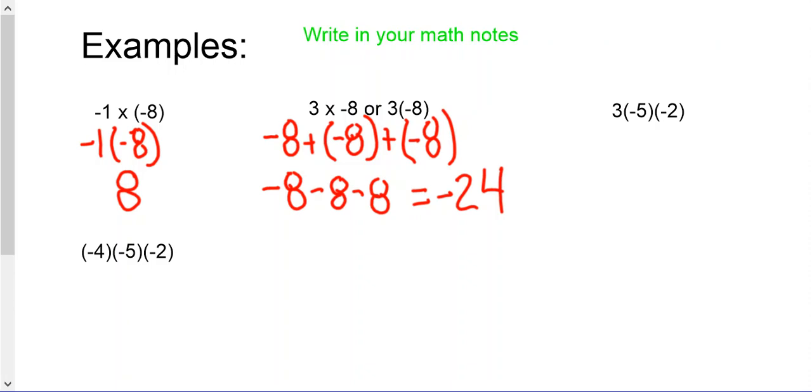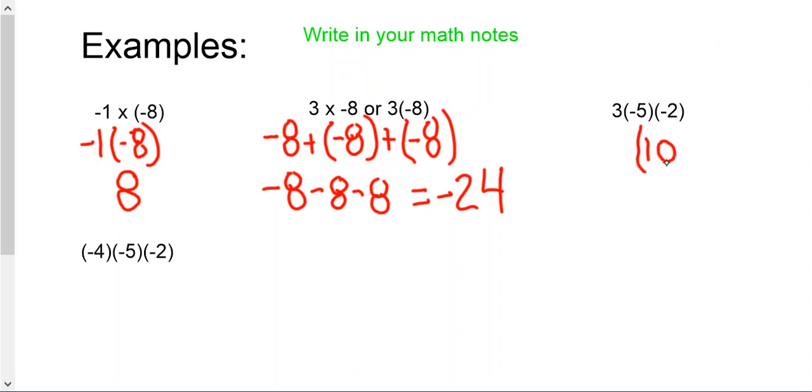All right, over here we have three different integers that we're multiplying. Okay, and again, it doesn't matter the order in which you do them, but for me, I'm going to do the negative numbers first. So we have negative 5 times a negative 2, which will result in a positive 10.